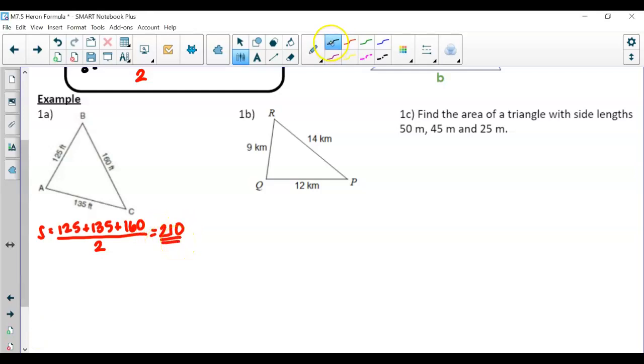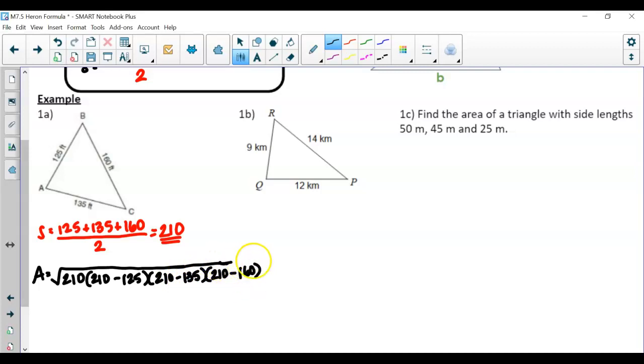So now to find the area, we're going to take the square root of 210 times, we take that semi-perimeter 210 and subtract each of the three sides: 210 minus 125, times 210 minus 135, times 210 minus 160.